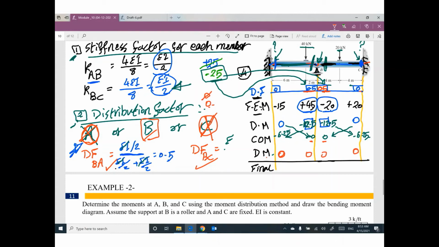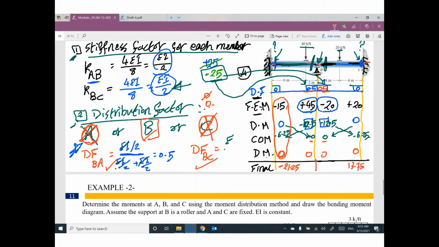Once you get zeros, go ahead and add all of these values together. We will have negative 21.25. These values together, we will have, just a second, 20 minus 6.25, 13.75.